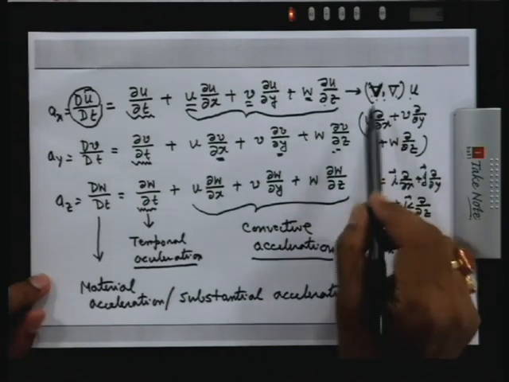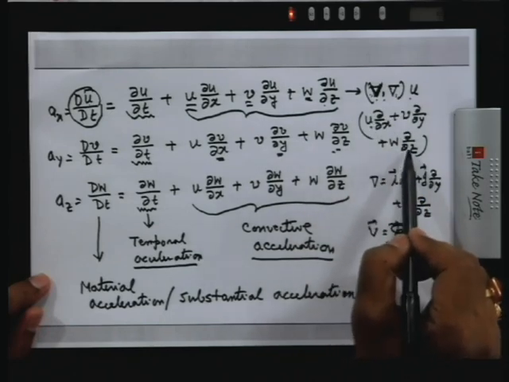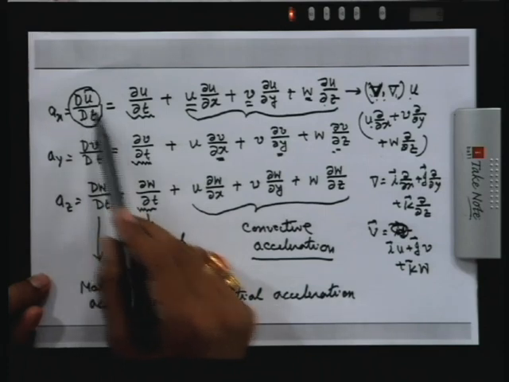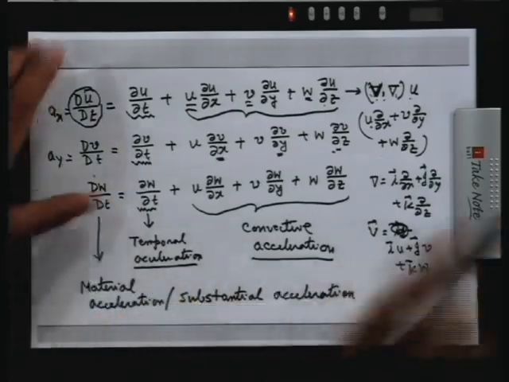So this is a vector operator, v dot grad, which when operated on u gives the x-direction component of acceleration, and operated on v gives the y component and z component.